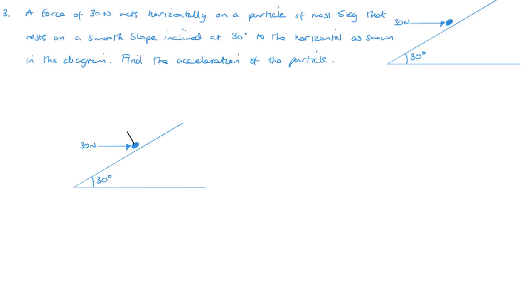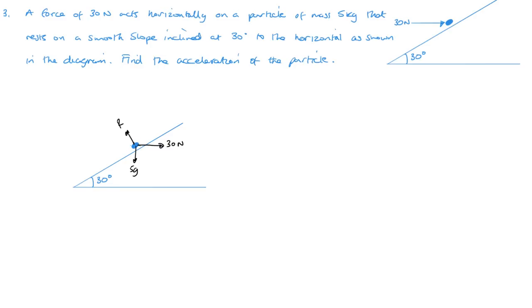So we've got this diagram. I've just copied it from up there. That is my normal reaction. This is 5g. And this 30 newtons I'm going to take to the other side, and I'm just going to rub it out from here.